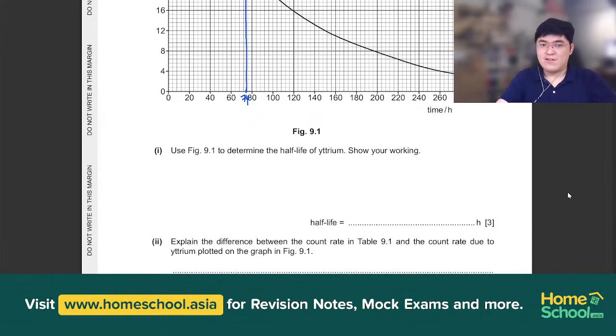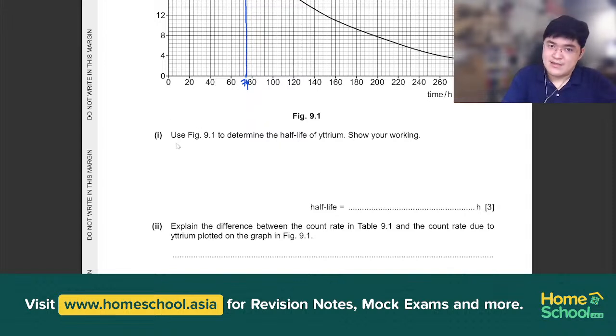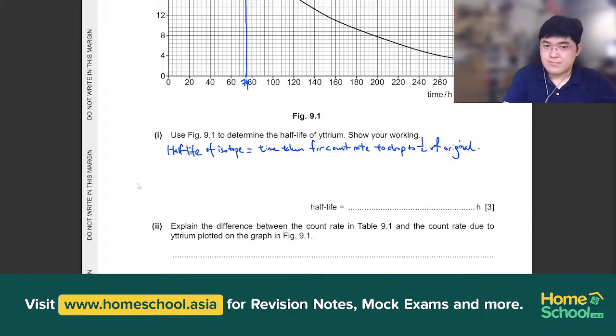So basically, the half-life of the radioactive isotope is equal to the time taken for the count rate to drop to half of the original.